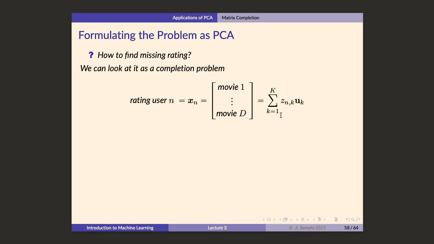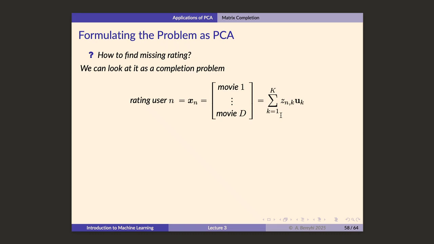So there exists some specific pattern of rating between people. Some people are interested in comedies, some people are interested in documentary, animation. Everybody has a specific behavior, but those kinds of behaviors are much, much fewer than the number of movies you have on a portal like Netflix, right?